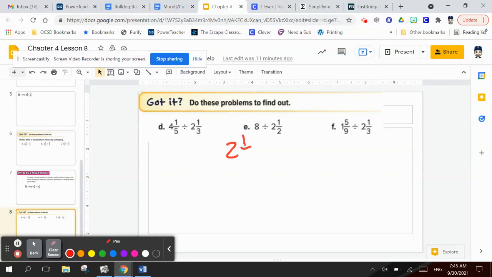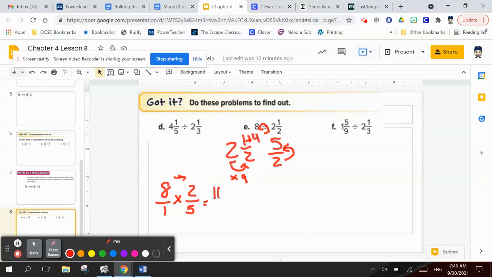So 2 1/2, we take 2 times 2, which is 4, and then add 4 to my numerator. 1 plus 4 is 5, and 2 stays the same as my denominator. So to write 8 as a fraction, that's 8 over 1. I change the sign from divide to multiply, and then I flip the second fraction, so 5 over 2 is now 2 over 5.